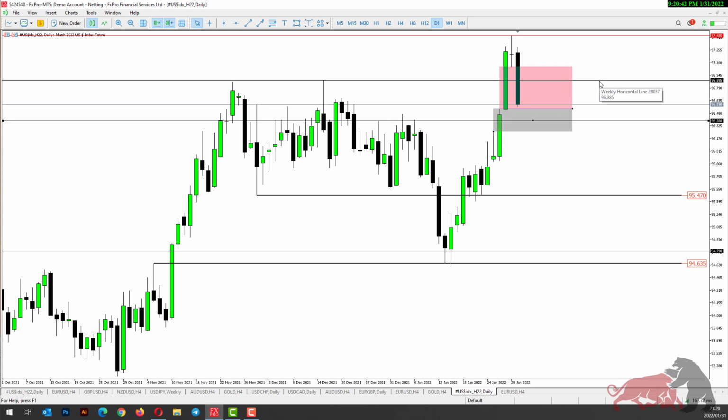Remember, our reference point, our level that we were monitoring on dollar index was 96.88. We closed above, but we had indecision on Friday. And I specifically mentioned that come Monday, we are going to have a down close day. But for the bulls to sustain their initial rally from 94.63, we didn't want price to close below 96.88, of which, as it is right now, market is definitely going to close below 96.88.